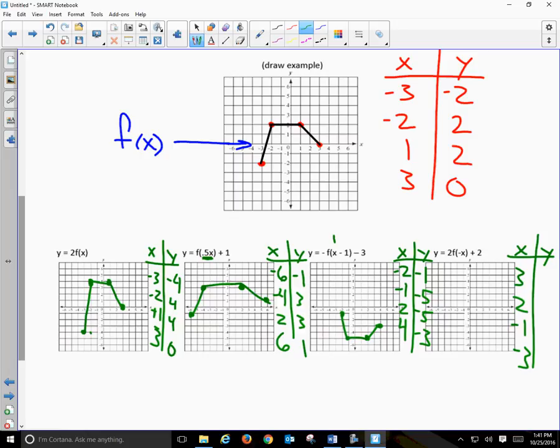Do I add 2 and multiply by 2, or do I multiply by 2 and add 2? Yeah. So I multiply by 2, I get negative 4, plus 2 is negative 2. Multiply by 2, I get 4, plus 2 is 6, 6, and 2.